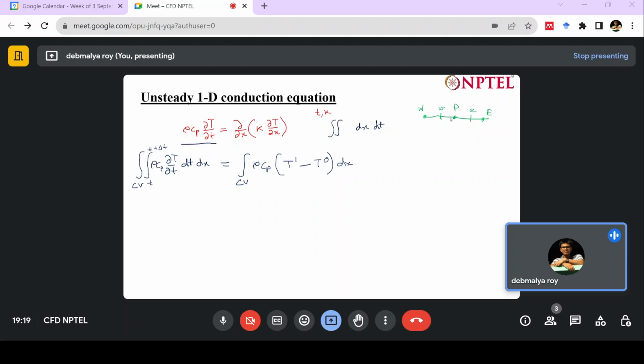We discussed piecewise linear profile assumptions when we were discussing the conduction equation with a source term. That particular profile assumption was beneficial for us to evaluate things at that time.